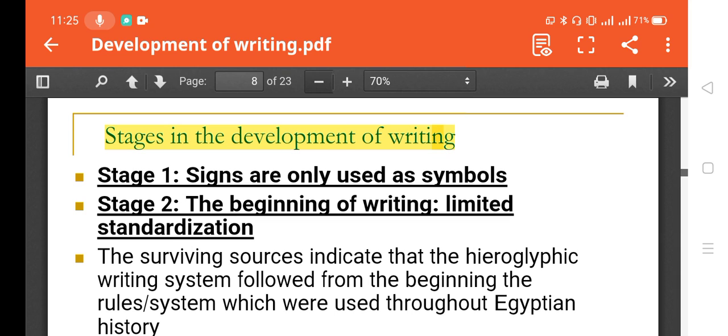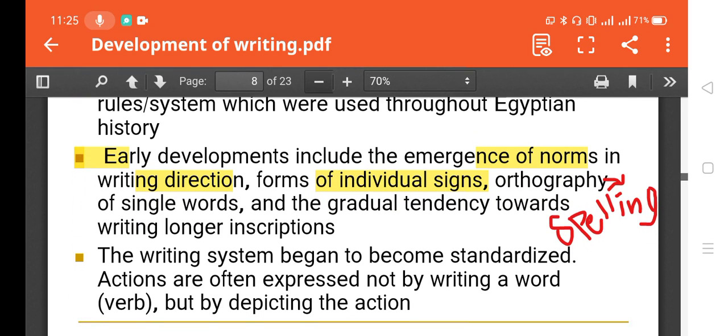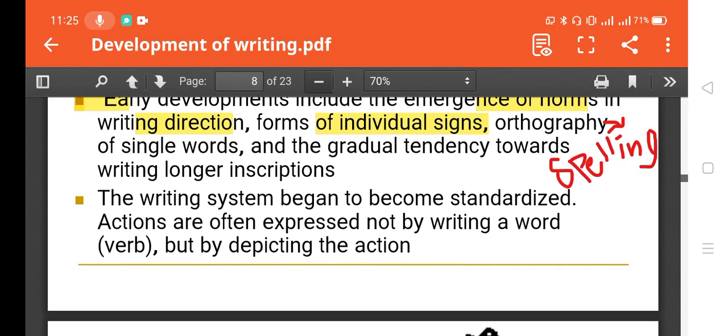The first stage is signs only used as symbols, and the second stage is the beginning of writing, with limited standardization. Here we see that the early developments include the emergence of norms in writing direction, the form of individual signs, and orthography, which means the spelling of single words, and a gradual tendency towards writing longer inscriptions had begun to evolve, and the writing system began to become standardized.